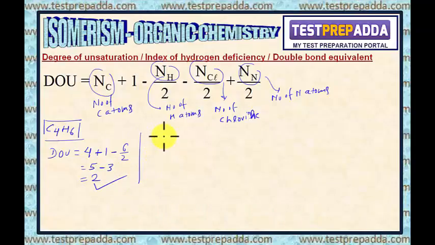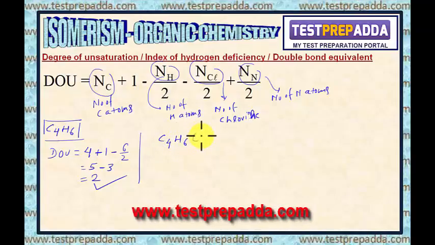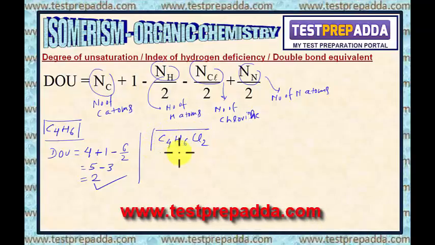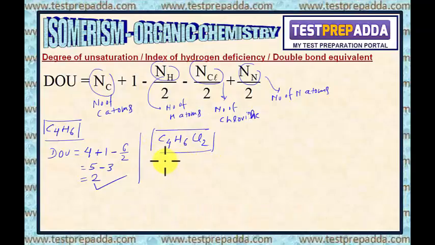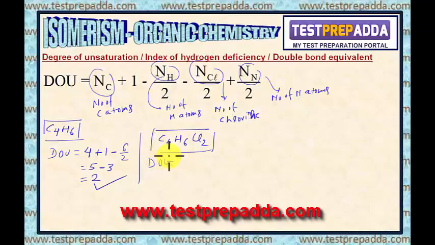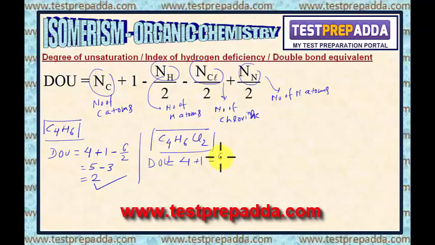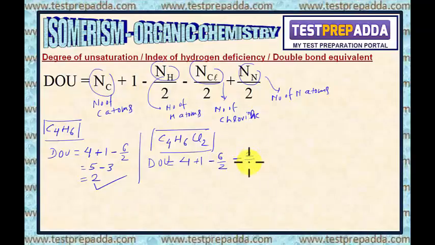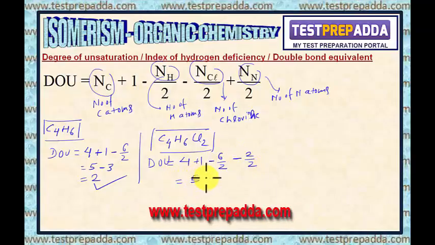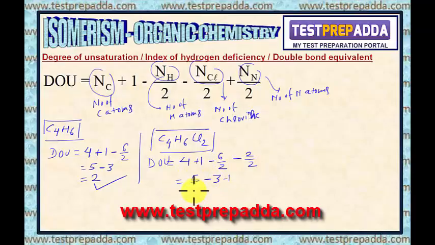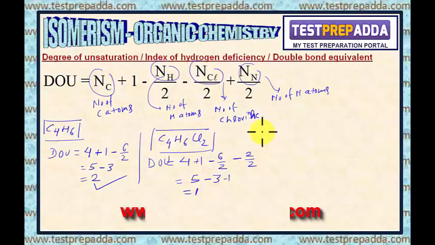Now another example, C4H6Cl2. If we want to find degree of unsaturation, it will be 4 plus 1 minus 6 by 2 minus 2 by 2. This comes 5 minus 3 minus 1, that is 1.